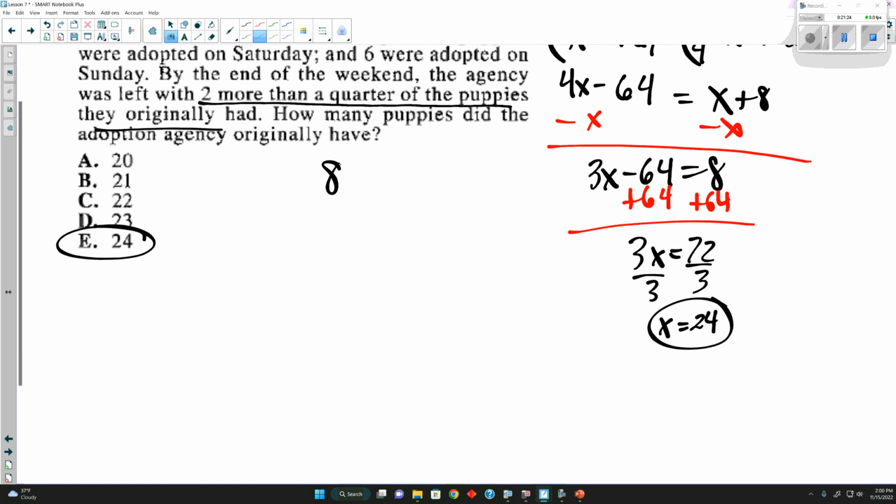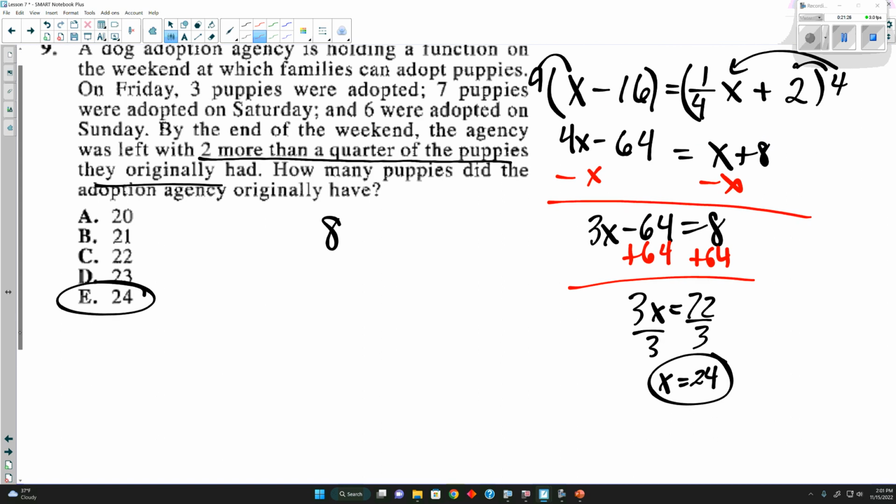And if we did the math going backwards, 24 minus 16, making sure, that's 8. Because 1/4 of 24 is not 5, it's 6. It makes more sense.